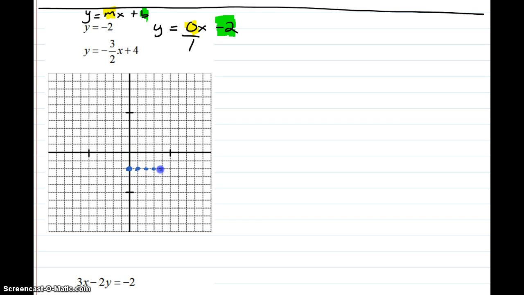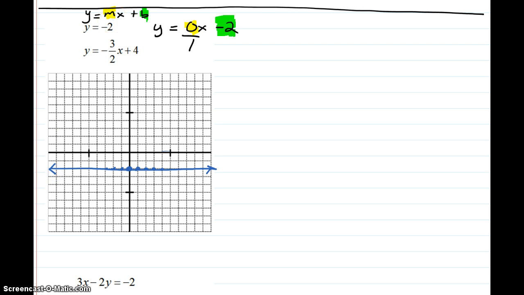And so you can see this is just a horizontal line. I couldn't get the line to line up, so I'm just going to draw it. So here's our line, y equals -2.